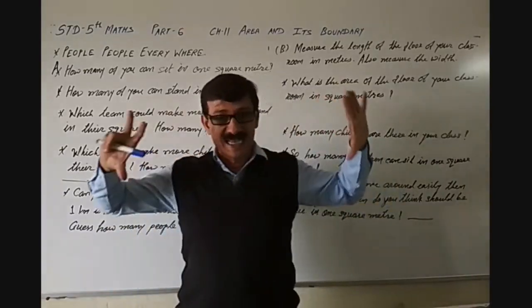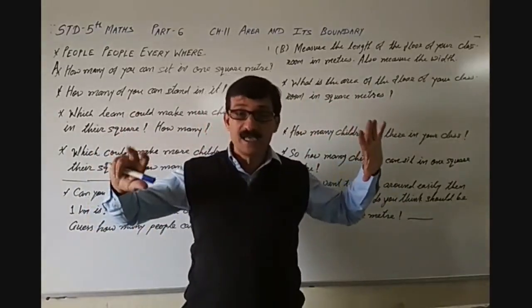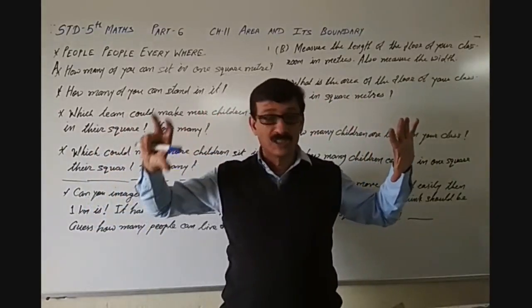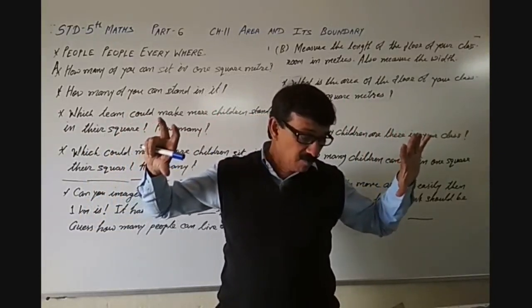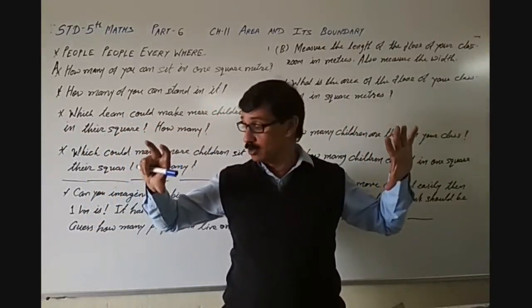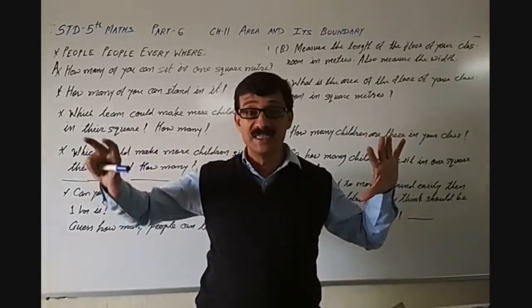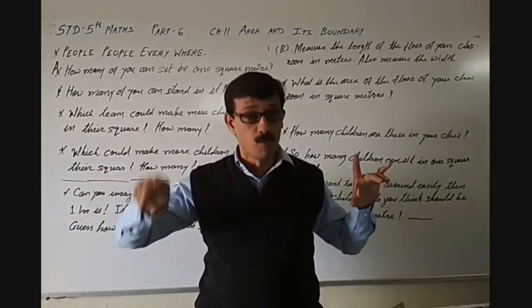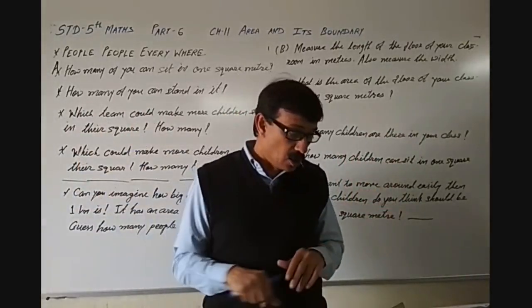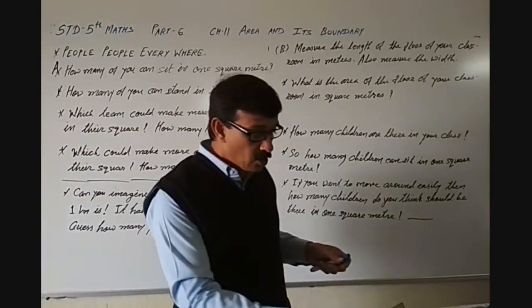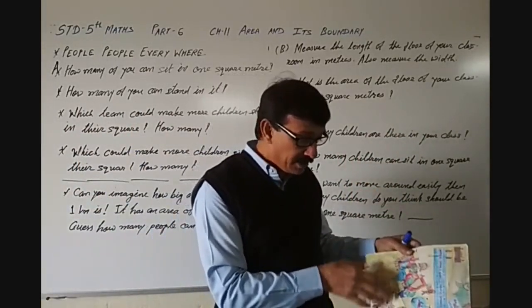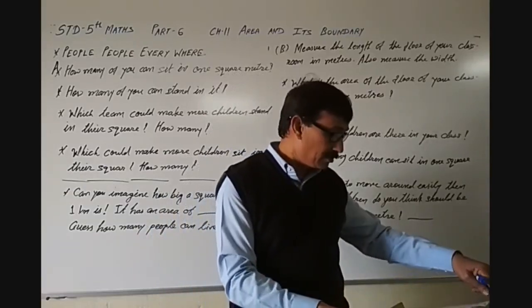See, 2 squares are there, 2 teams are there. You have to ask one team to sit. So you have to ask the students to sit in the 1 square meter box. So how many of you can sit in 1 square meter?